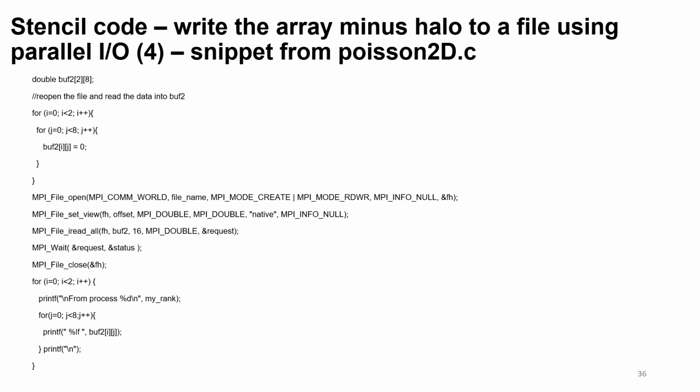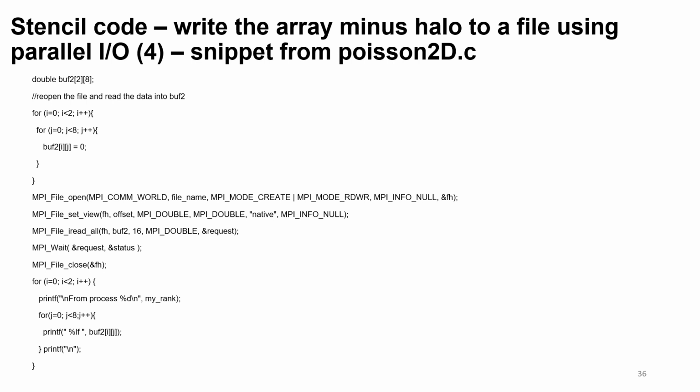And then this function is actually reading the file and copying its content to the buffer named buff2. So notice that we're copying only 16 elements for each MPI process that's participating in the computation.